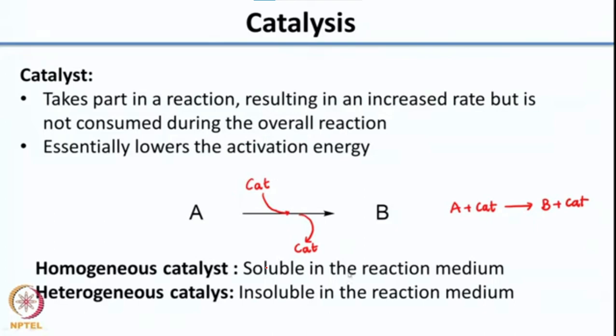So that's why, because of different phase, it is known as a heterogeneous catalyst, and homogeneous catalysts are soluble in the reaction medium, and then they catalyze the reaction. So mainly homogeneous catalysts are used in liquid phase reactions, and heterogeneous catalysts are more common in gas phase reactions.